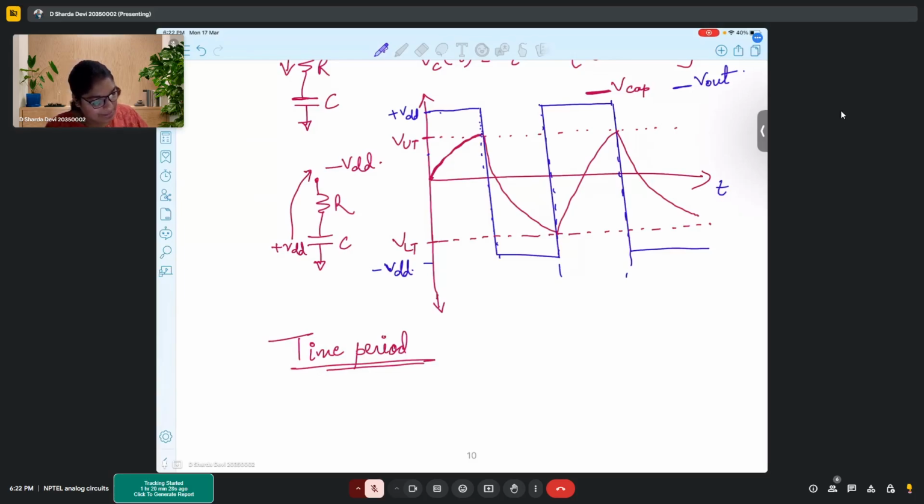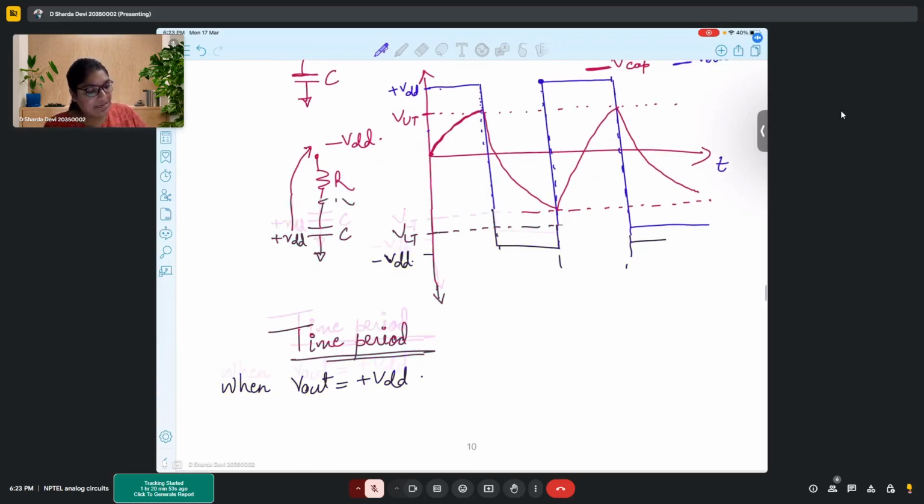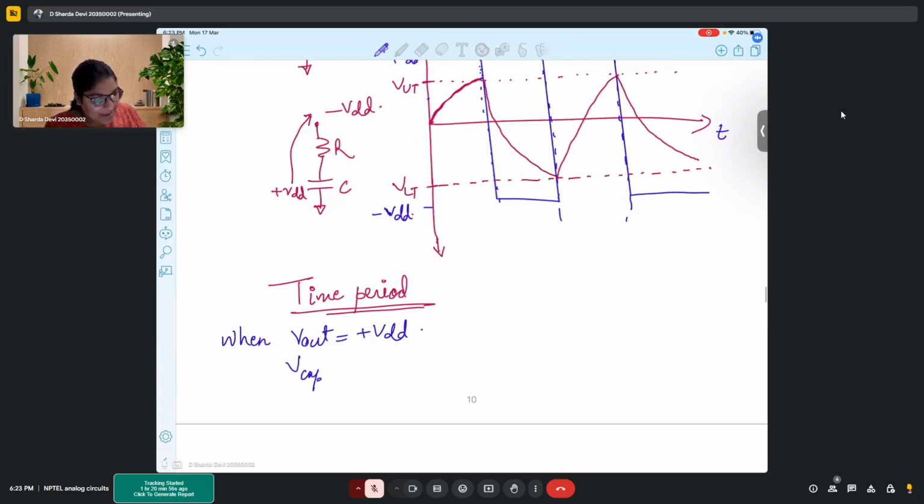So when V out is at plus VDD, we are not considering the first cycle because we are starting from zero, so that is a little incomplete. That's why we are taking the next cycle. In the next cycle, when V out is at VDD, the capacitor potential starts from VLT and reaches VUT.